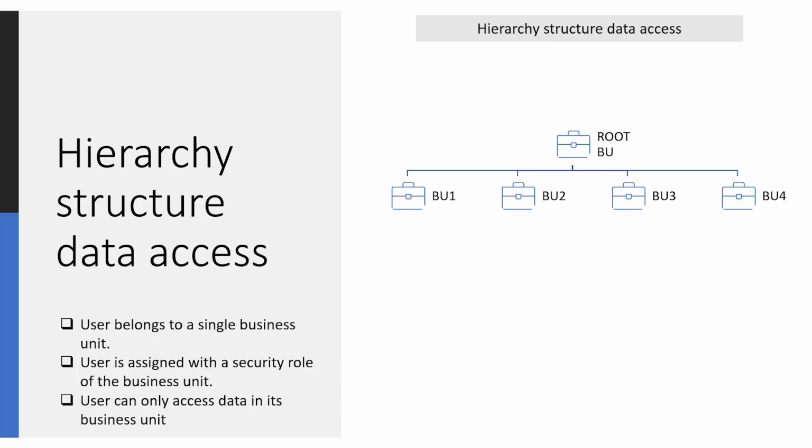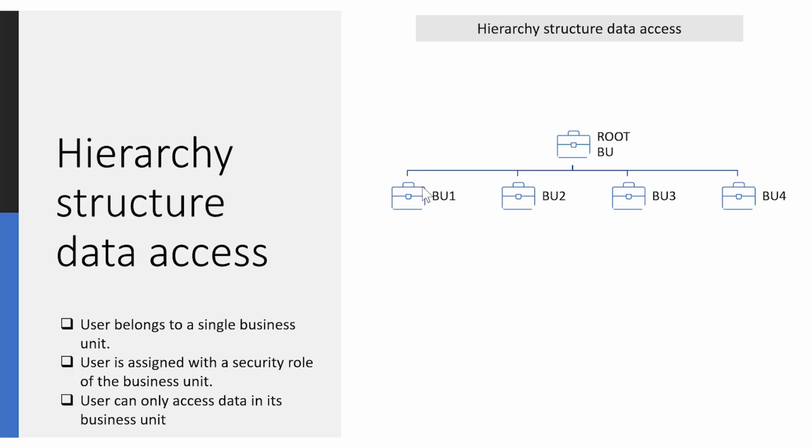There are two types of data access structures for business units. First, you have the hierarchy structured data access. The business unit that the user is associated with determines which business unit owns the record. When the user creates a record, the record is owned by that business unit.